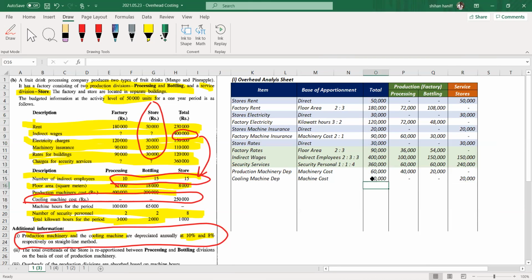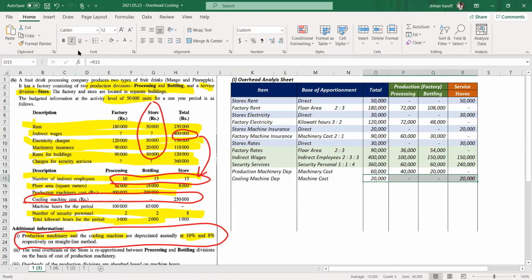Now take the total of each one. Calculate the total.